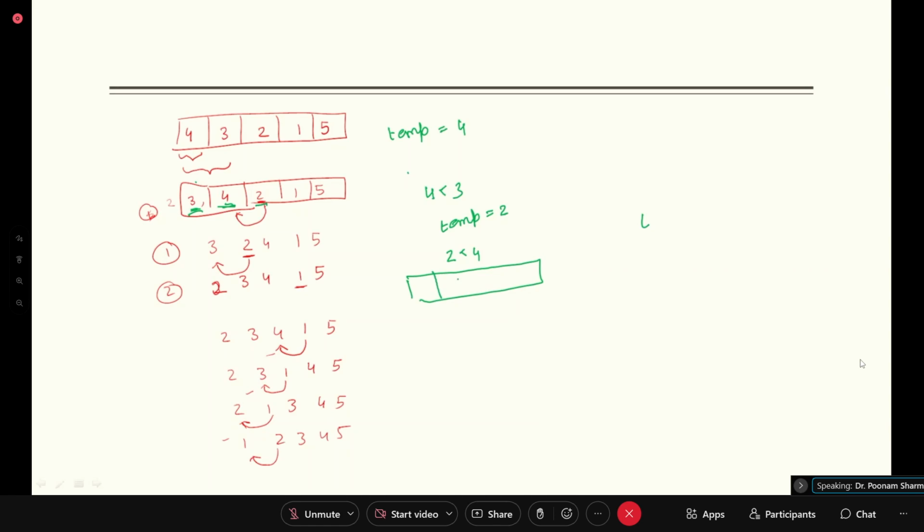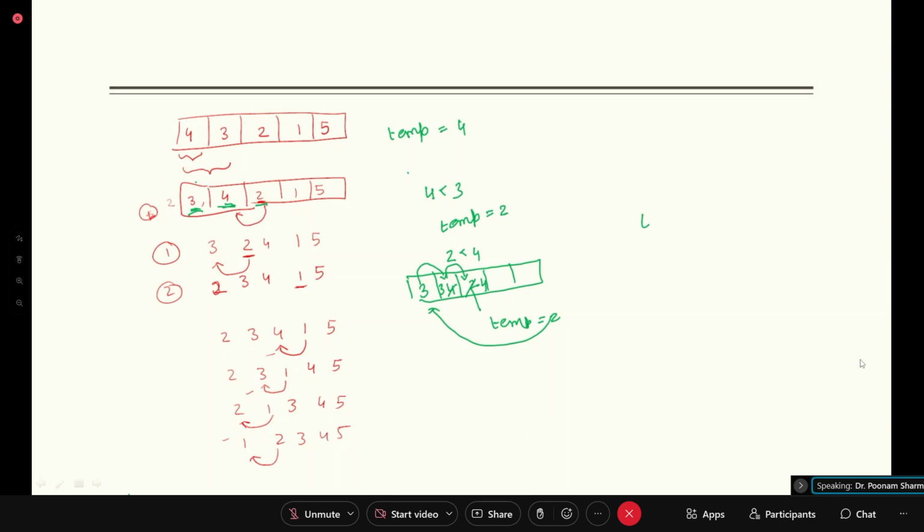So basically what is to be done here is something like this. This goes to temp, so temp is having 2. Here also it is 2 right now. So now you want to shift this 4 here. So this will be removed, 4 will come here. This place, 4 will be removed, 3 will come here. And now you want to insert this 2 here. This is what is to be done.